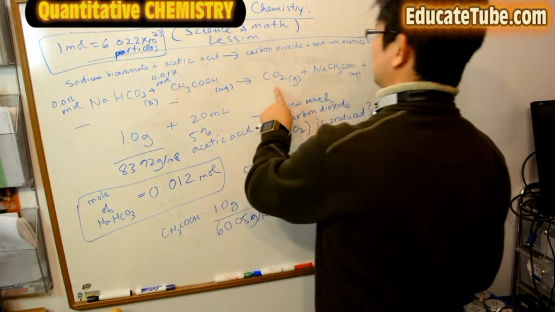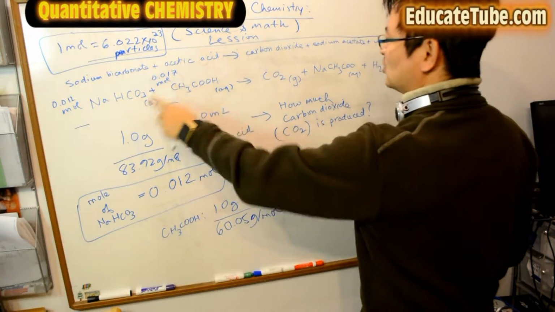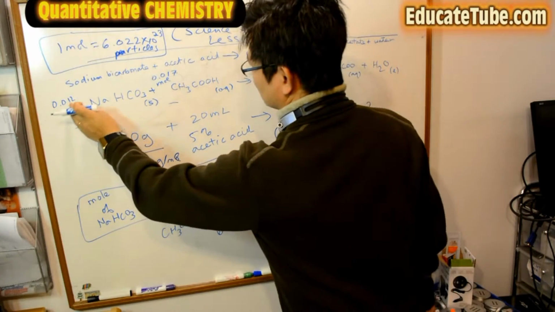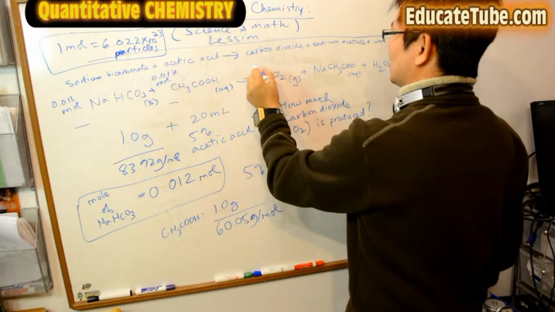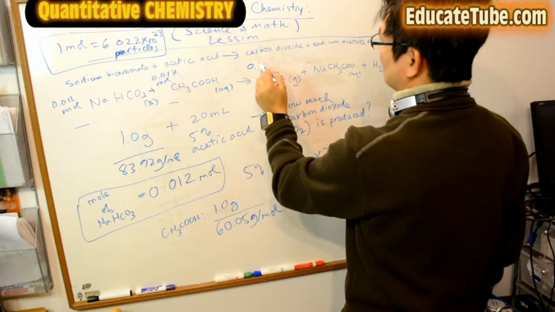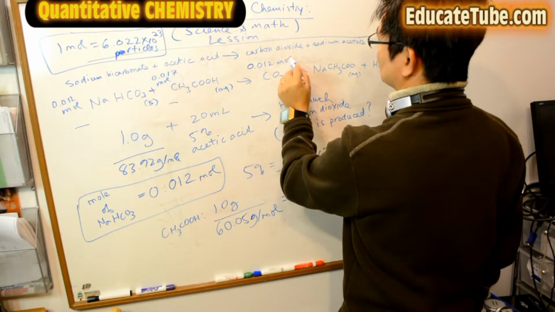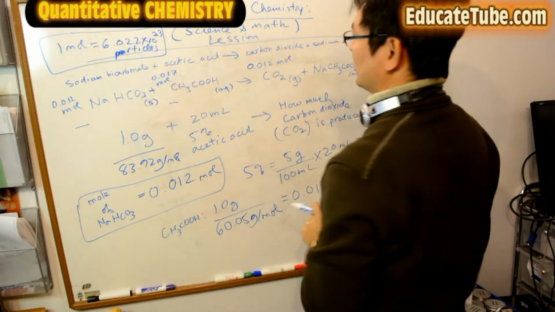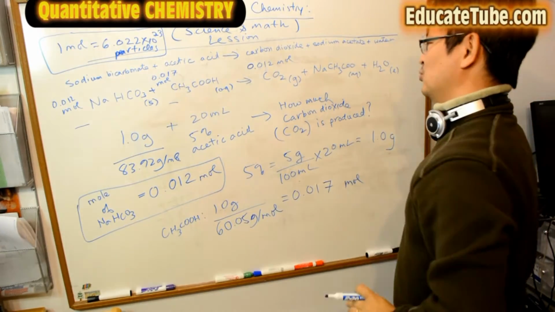If this is the limiting reactant and this is in excess, then because it's a 1-to-1 ratio, 0.012 is the amount used, and so the CO2 will be producing 0.012 moles, based on this limiting reactant. This compound reacted with this compound, sodium bicarbonate plus acetic acid.